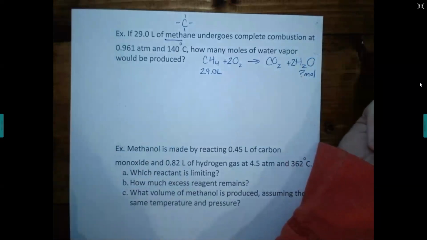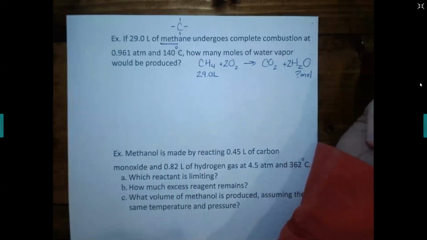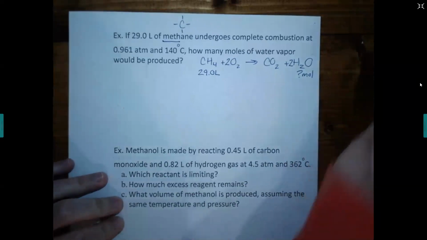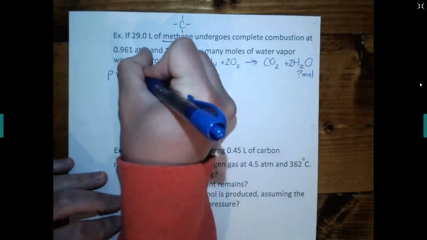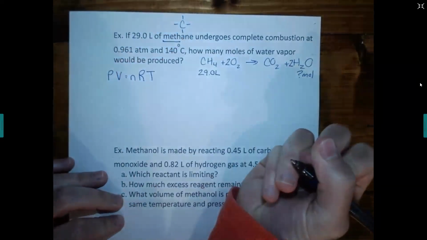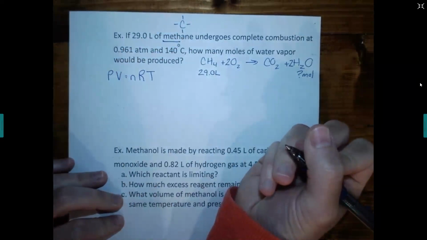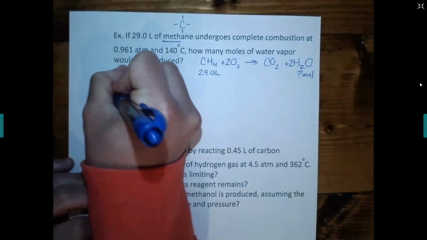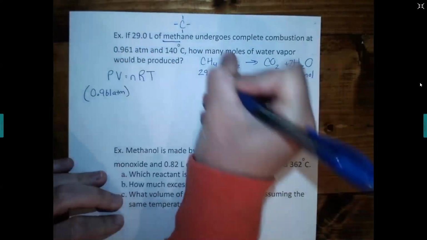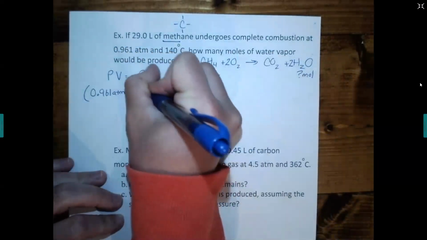So again, it really doesn't matter what you do first, if you want to do your stoichiometry first, or if you want to convert it into moles first using the ideal gas law. I'll go ahead and use my ideal gas law to get it into moles, and then I'll do my stoichiometry. So PV equals nRT. I can't use standard molar volume here because it's not at STP. So my pressure is 0.961 atmospheres. My volume is 29.